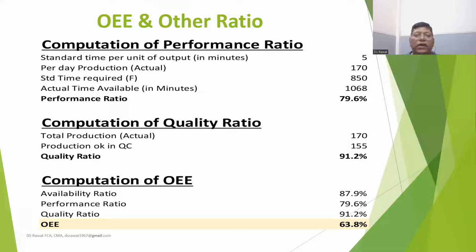Next is the quality ratio. Quality ratio means total production which we have made and production that is okay in QC. Suppose in our example, we have made production of 170 units, but the actual units passed in QC are 155 and the balance is reject or wastage.